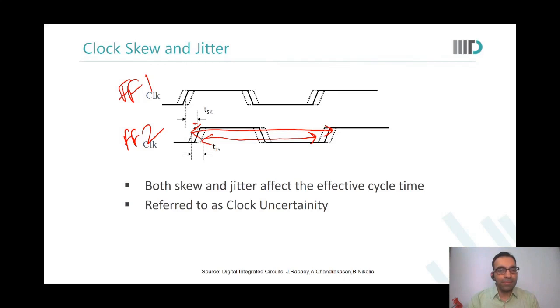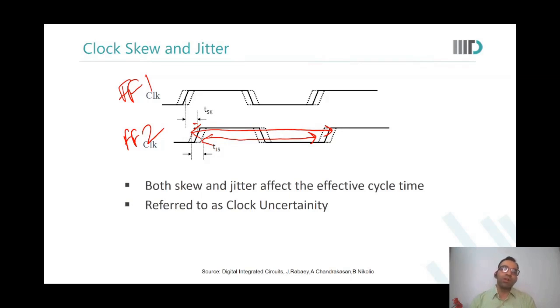Sir, when the clock is input at a transmission gate, which is an input to a flip-flop, there would be some phase delay between the inverted clock and the normal clock. So that is counted in skew, right? That would also be counted, and that will become evident in setup and hold time itself.